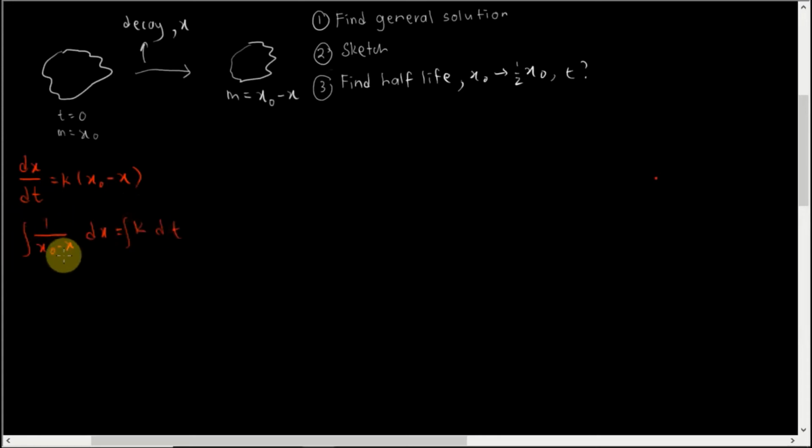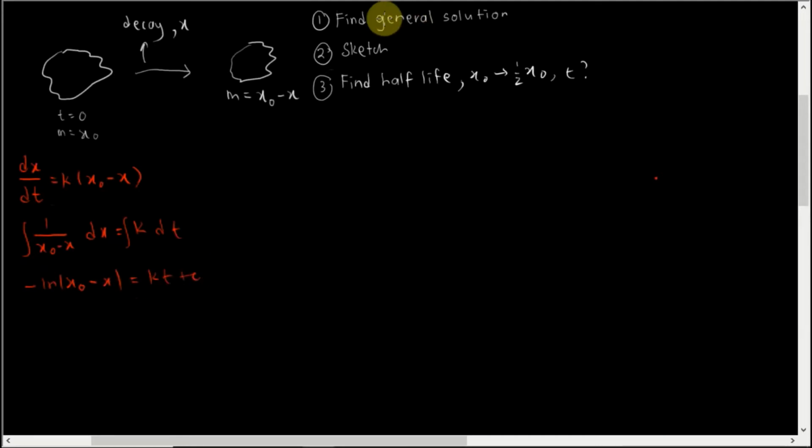Since this is negative, if I differentiate the number below, the top should be negative 1. This is only 1, so we need to create a negative outside. Therefore, if I integrate, the answer is negative ln x naught minus x equals to k t plus c. Okay.